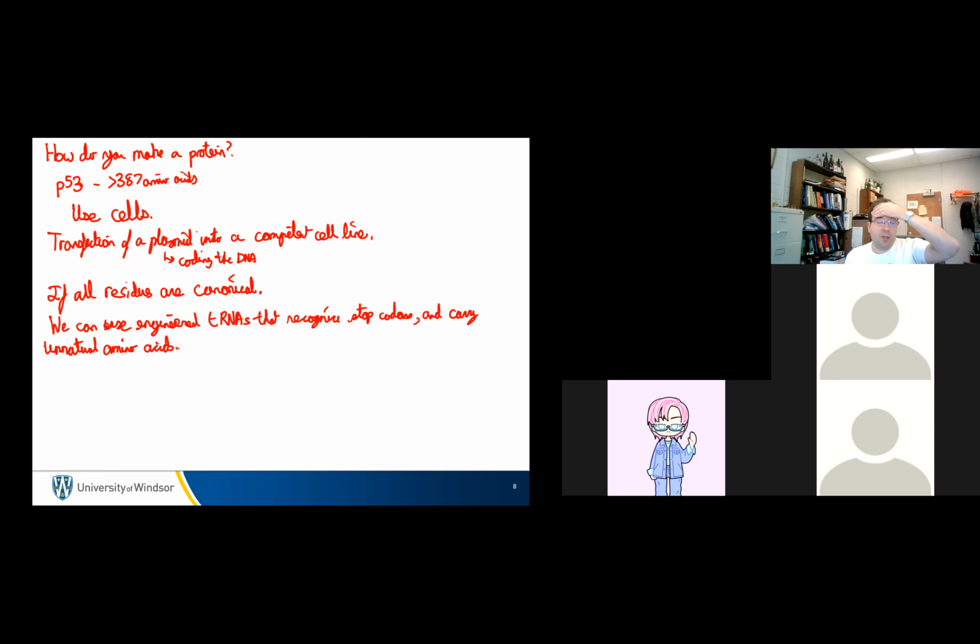And so instead of being a stop codon where translation stops, you stop making protein, what we get now is it finds a tRNA, which then loads another amino acid on. And so we can actually engineer biology, synthetic biology, to incorporate unnatural amino acids into this. But it's still very limited. Still really hard to do. And there's only a handful of artificial tRNAs for a very handful of unnatural residues.